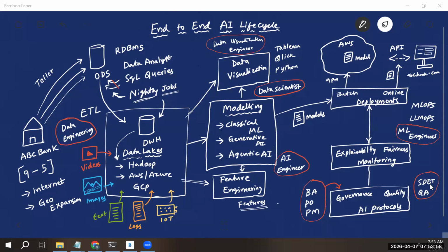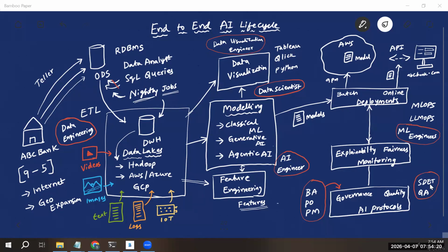ML tester means classical machine learning testing, right? We need to test those applications also. So we created roles called ML testers. Then eventually the roles came into play. Now we are creating roles of agentic testers. We need somebody to test agents also, correct? Now those roles are going to come.